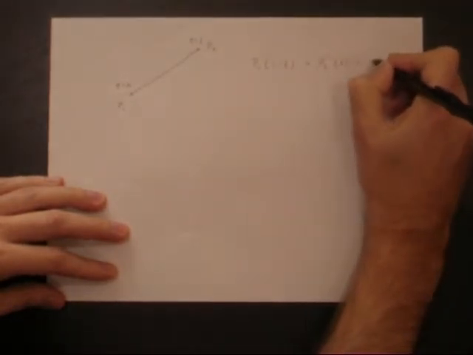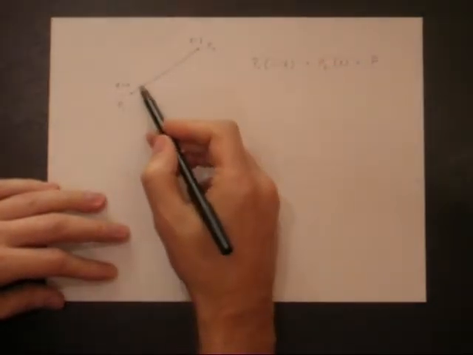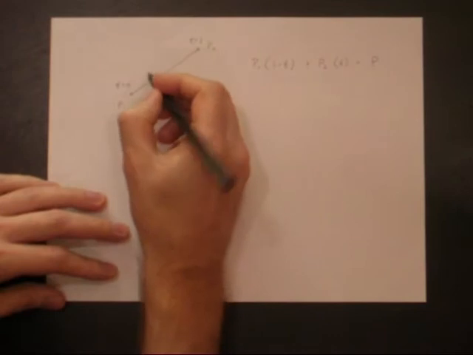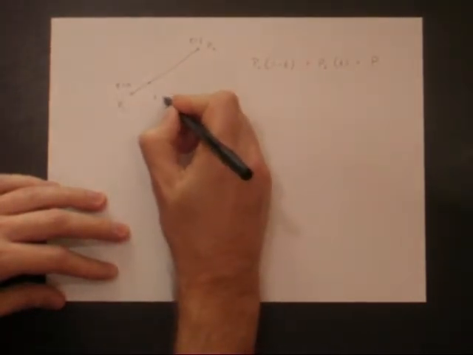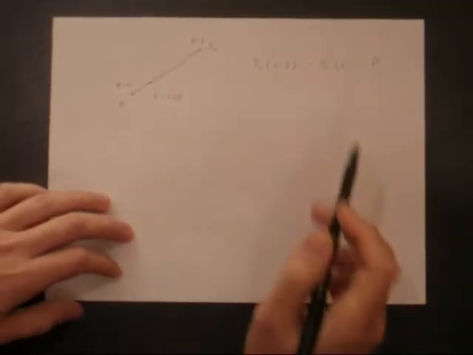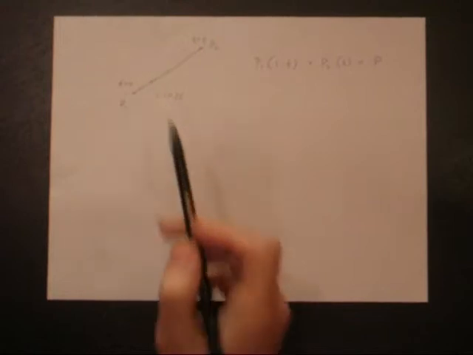And that gives you your final point. So for instance, if you want to find the point a quarter of the way down the line, then t would equal 0.25. You just plug that into the equation and you'll get your final point at that coordinate.